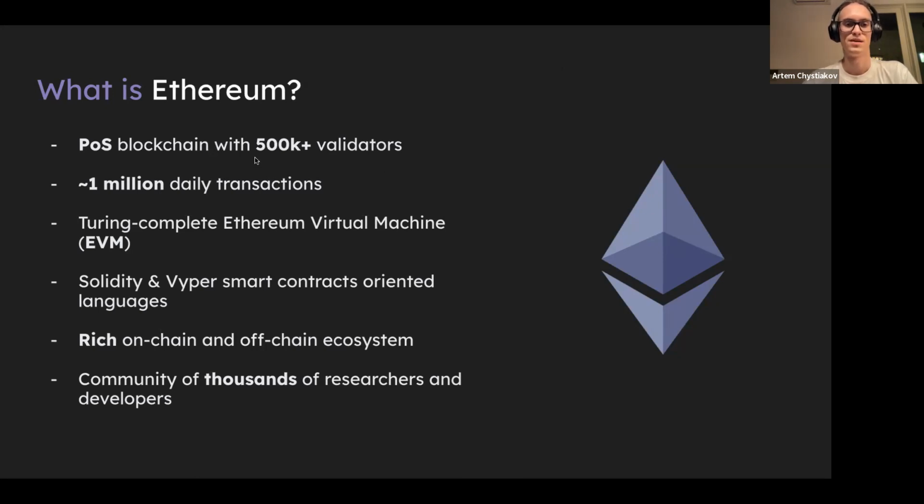Right now, it is secured by more than 500,000 validators, meaning that there are actually 500,000 nodes running there, producing blocks, validating transactions, and securing the network.